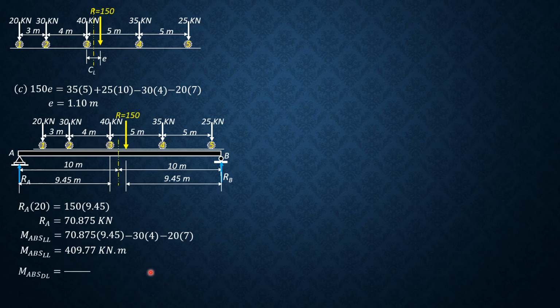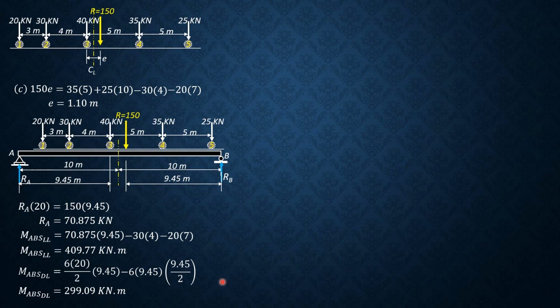So M absolute dead load: 6 times 20 over 2, that's the reaction at left, WL over 2. And we take moment about load 3, considering forces to the left, not these live loads but the dead load only. So times 9.45 minus 6 times 9.45 times 9.45 over 2, the moment arm.